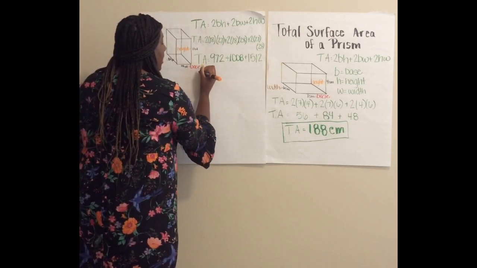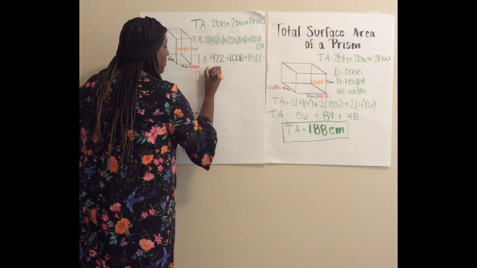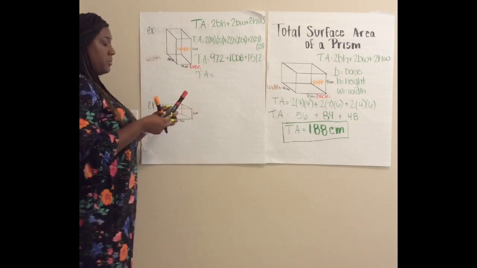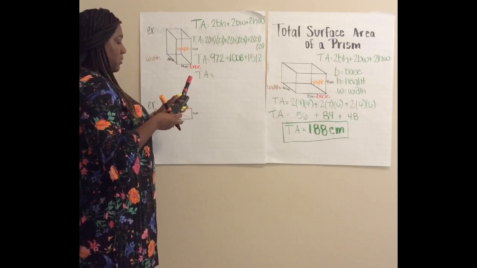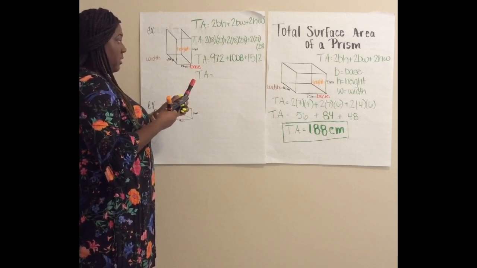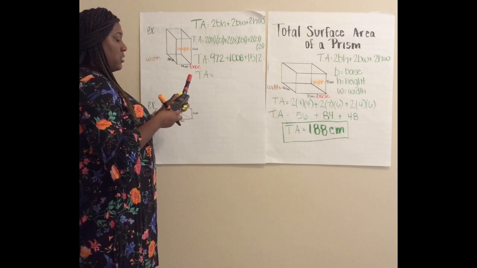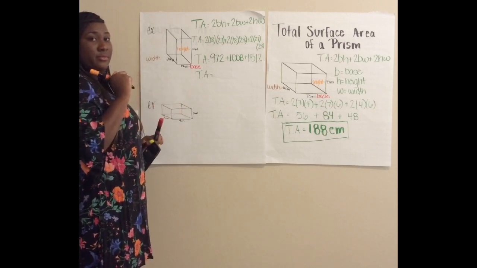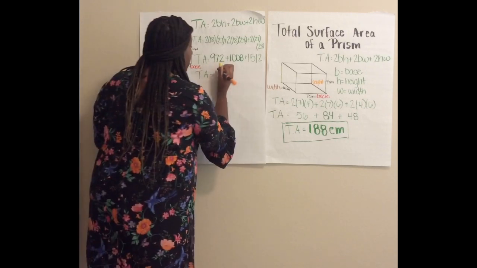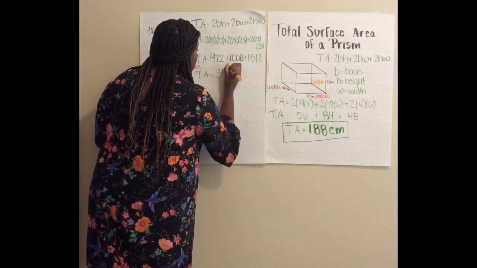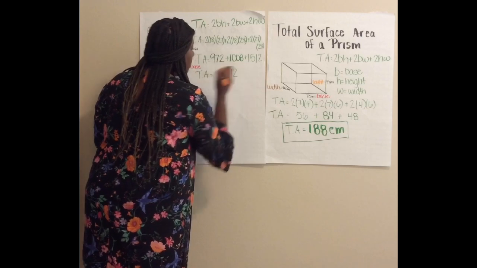So now let's add all of that together. 972 plus 1,008 plus 1,512. What you got? I got 3,492.